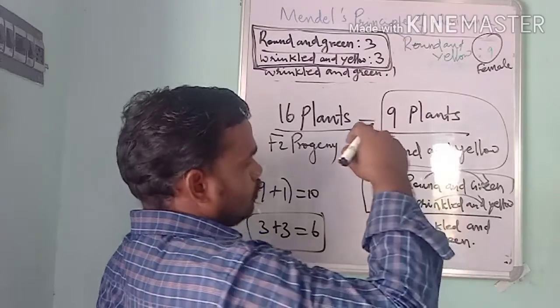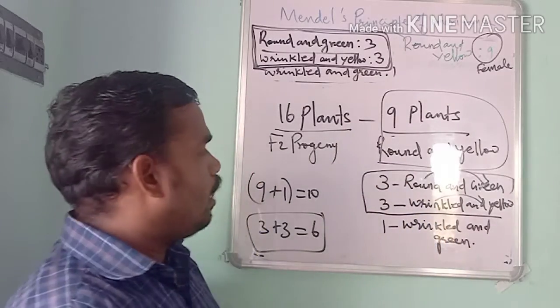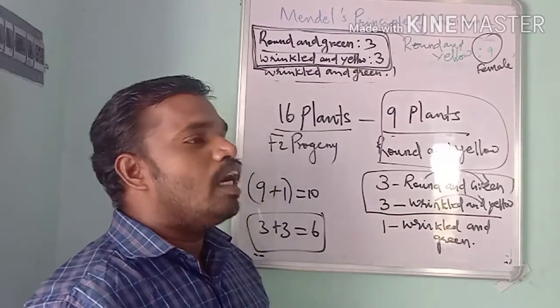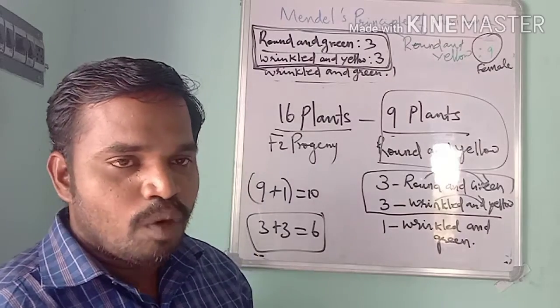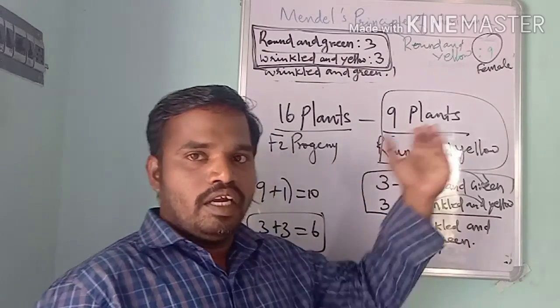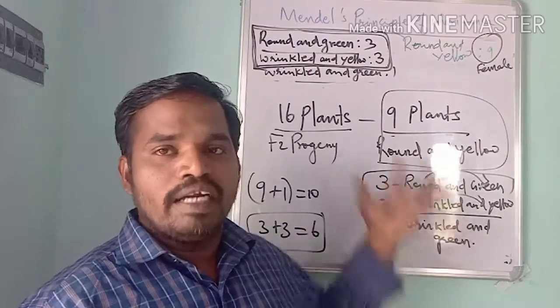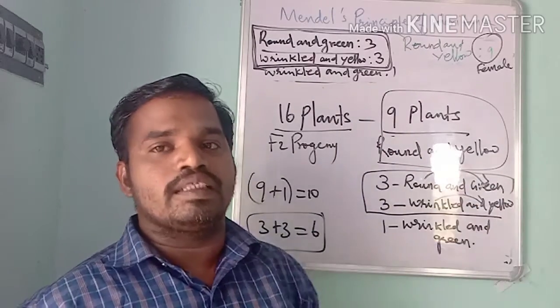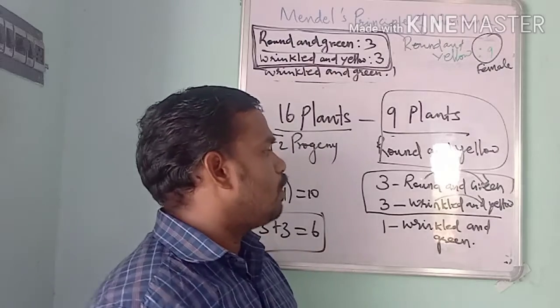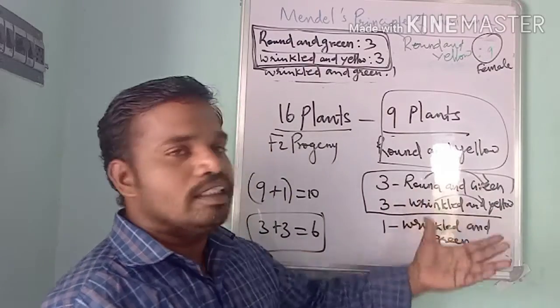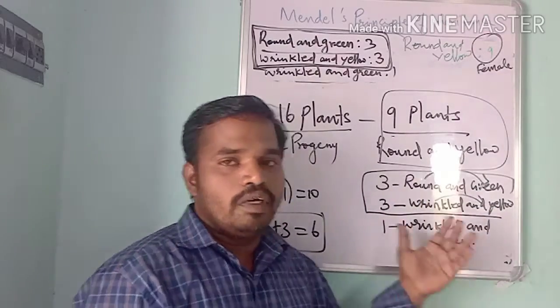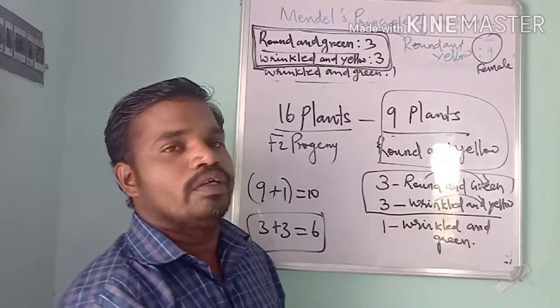So அந்த seed உடைய shape, color of the seed வந்து block பண்ணல, but individually independently express, அதுவா express பண்ணுது. அதனால தான் நமக்கு இந்த new combinations, we are able to get the new combinations, that is new traits.